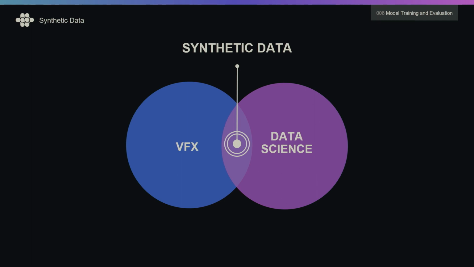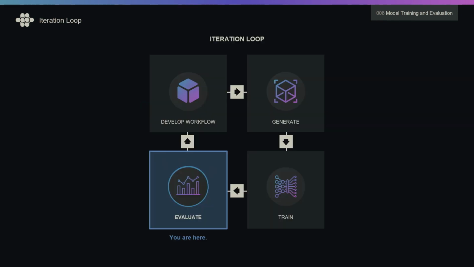And when we combine these two disciplines, this is how we start to approach this problem. So if we look back at our iteration loop, we are right here on the blue dot at the evaluate stage. This is where we have trained our model. We have some initial horrible results, and we need to figure out what we do to improve it. Careful concern needs to be taken here in terms of the choices you make when iterating.